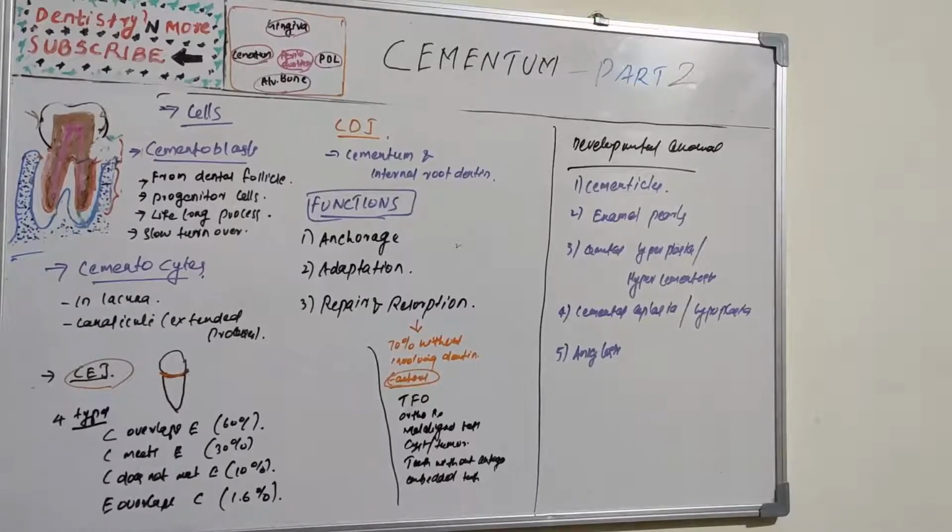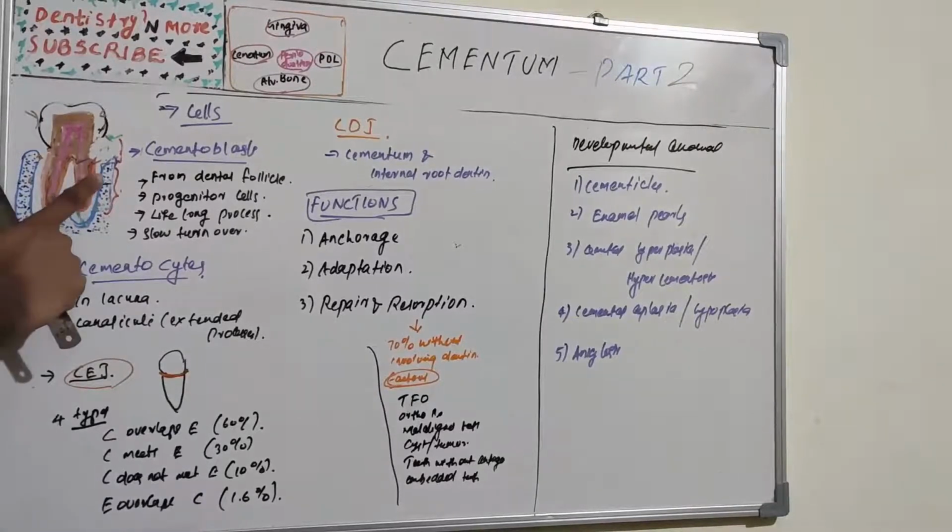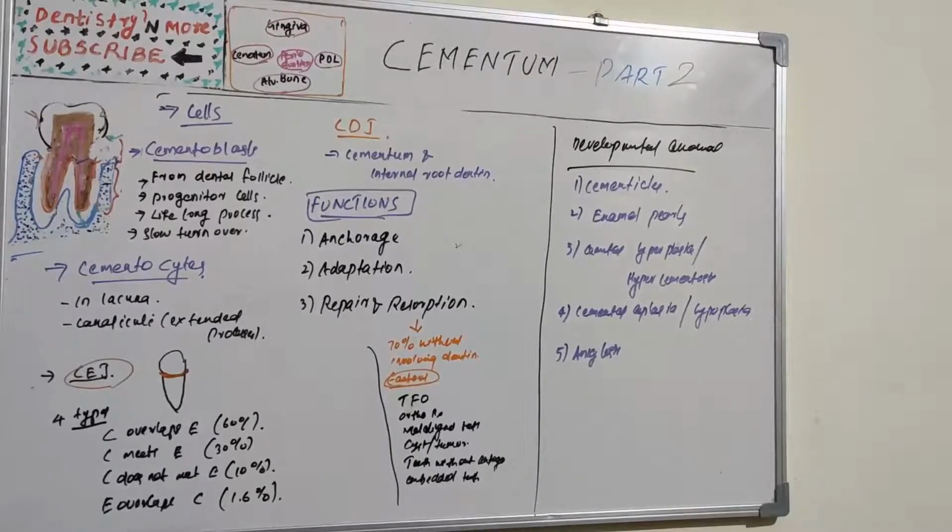Cemental tear is another thing, a detachment of a fragment of cementum. The last one is ankylosis. Ankylosis is fusion of cementum and alveolar bone, with obliteration of the periodontal ligament space. So if the periodontal ligament space is not proper, there will be fusion.